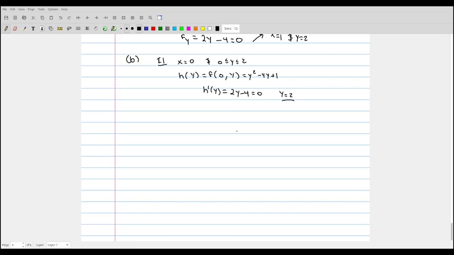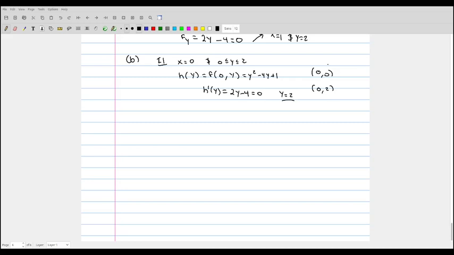So according to our optimization theorem, we now have, for this boundary piece, 3 potential max and mins. A potential max or min at 0, 0. A potential max or min at 0, 2. And a potential max or min at this interior critical point, which is 0, 2 as well. It's the boundary point of our domain.